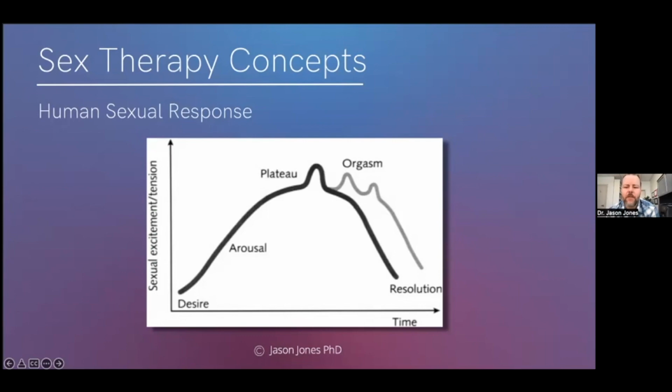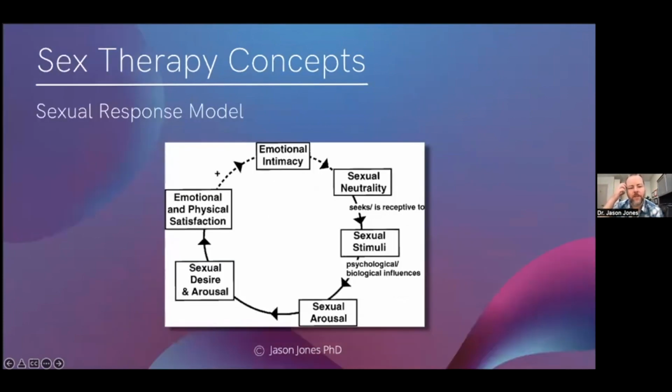It can be used effectively, but it can also really be used more effectively by contrasting it to the other model that is the circular model from Rosemary Basson. And she came out with this in 2000. She's a female Canadian researcher out of Ottawa. So her big change was to make it cyclical instead of linear or stepwise. And that changed it because it meant that the sexual feelings or behaviors don't have to go in a certain order.